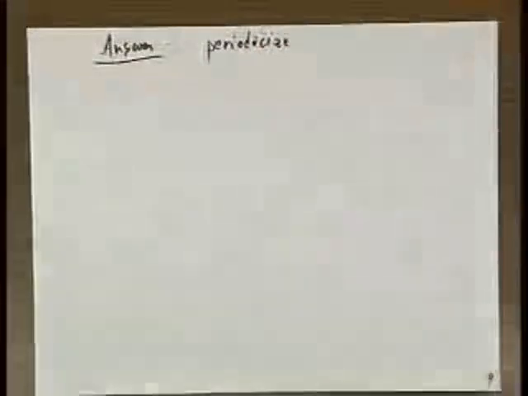Okay? So the answer, I'll write down the answer before I derive it. The answer is periodicize, and in fact, you don't have to consider these three cases. What if the length of y of n is smaller than x of n? What if the length is the same? What if it's bigger?